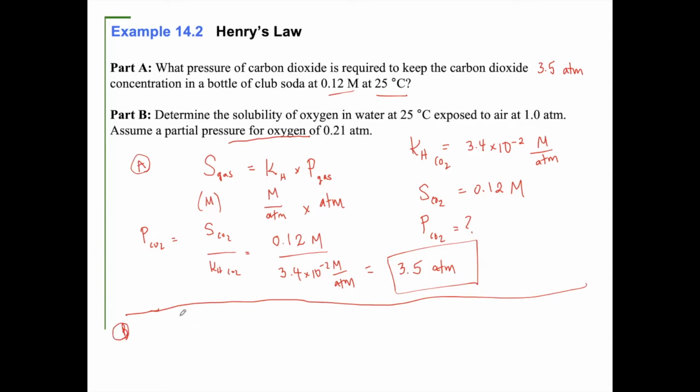Okay, so the solubility of the oxygen is going to equal the Henry's law constant of the oxygen times the partial pressure of the oxygen. And according to table 14.4, I'll just write it up here, the Henry's law constant for oxygen is 1.3 times 10 to the negative third molar per atm.